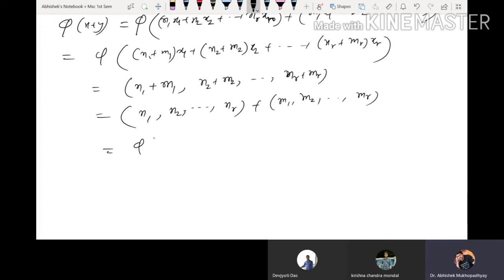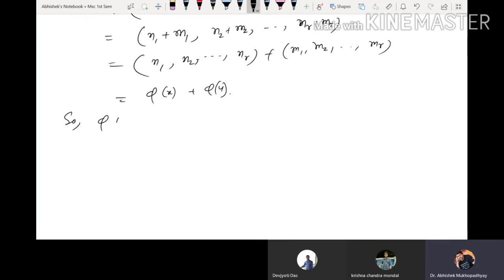So this proves that it is phi(x) + phi(y), right? So this is a homomorphism.